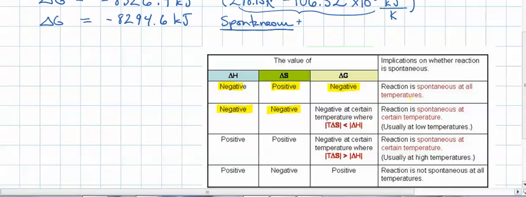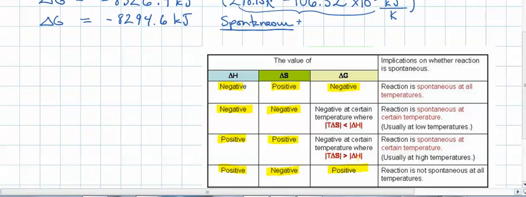So the reaction is spontaneous at certain temperatures, usually at low temperatures. So maybe at high temperatures this one is not. If they're both positive, then the reaction is spontaneous at certain temperatures, like high temperatures. If delta H is positive, which is not favored, and delta S is negative, which is not favored, then delta G will always be positive and will never react spontaneously.